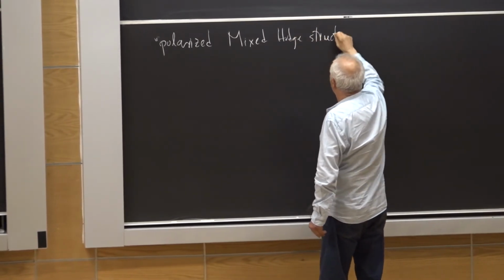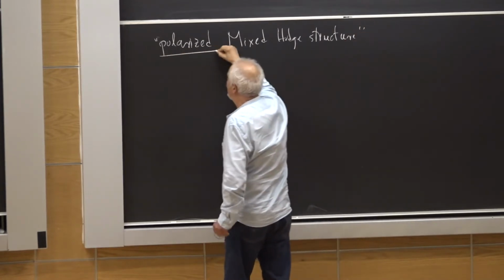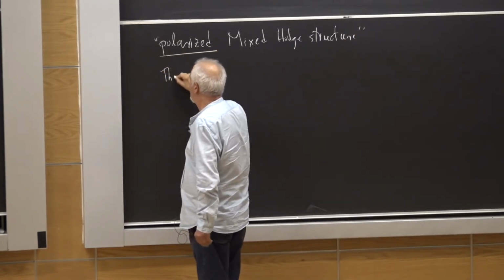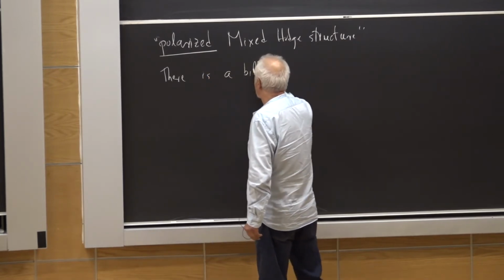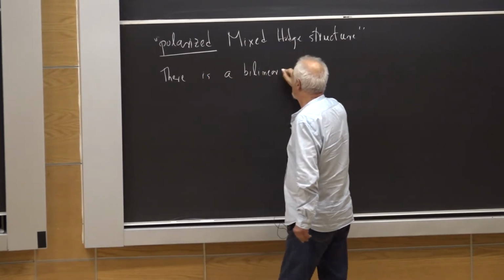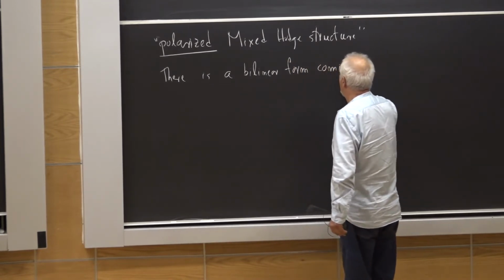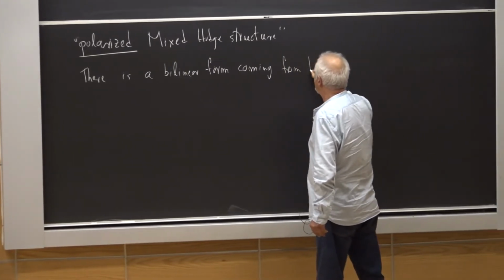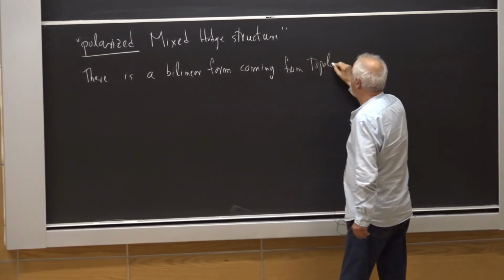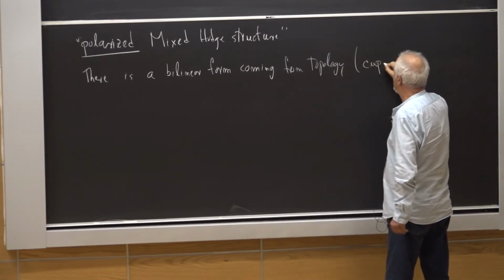The word polarized means that there is a bilinear form coming from topology, which actually is going to be coming from the coproduct.